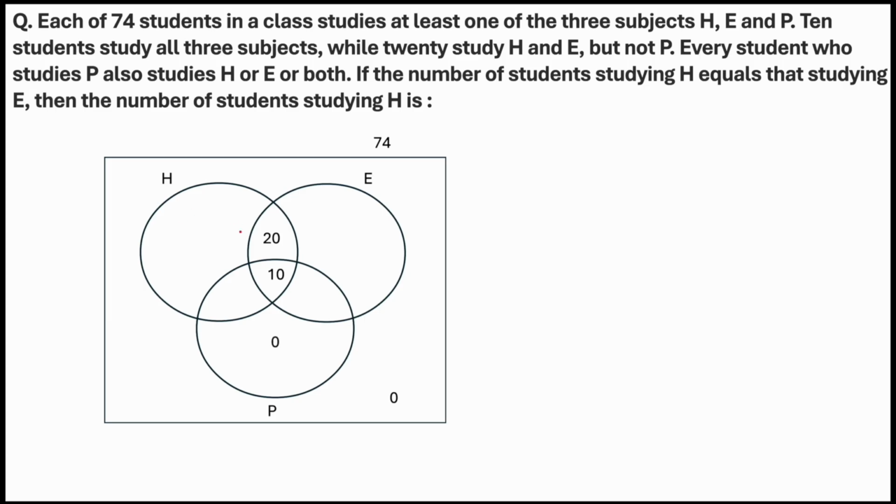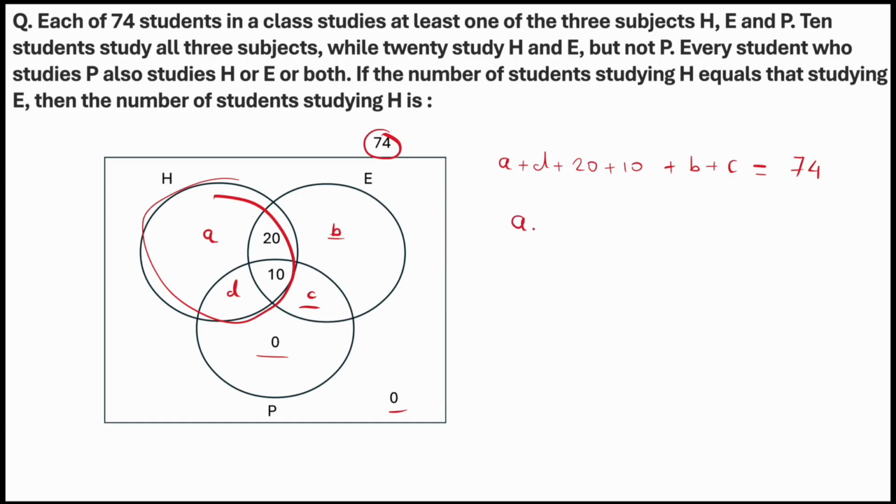Let us name the remaining regions as A, B, C and D in number. We can now observe that the total number of people has to be the universal set 74. So I can write A plus D plus 20 plus 10, this entire circle actually, plus B plus C plus 0, this entire thing should be equal to 74.